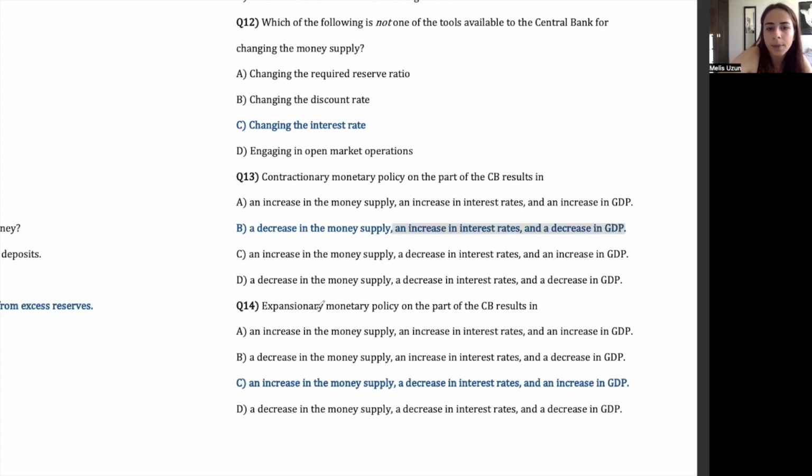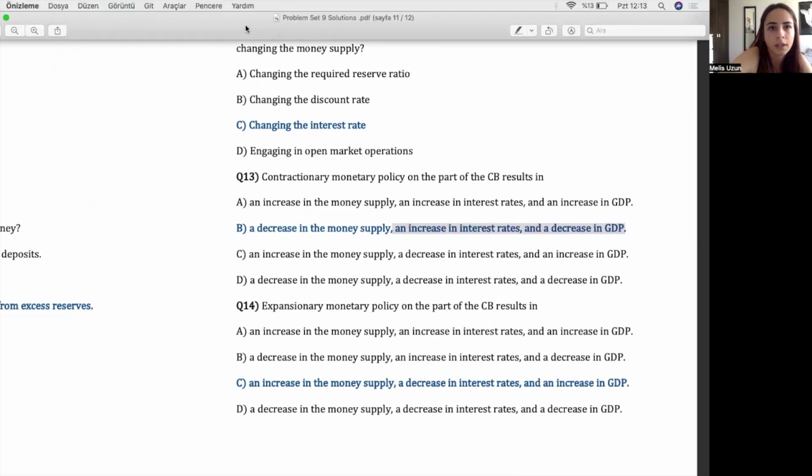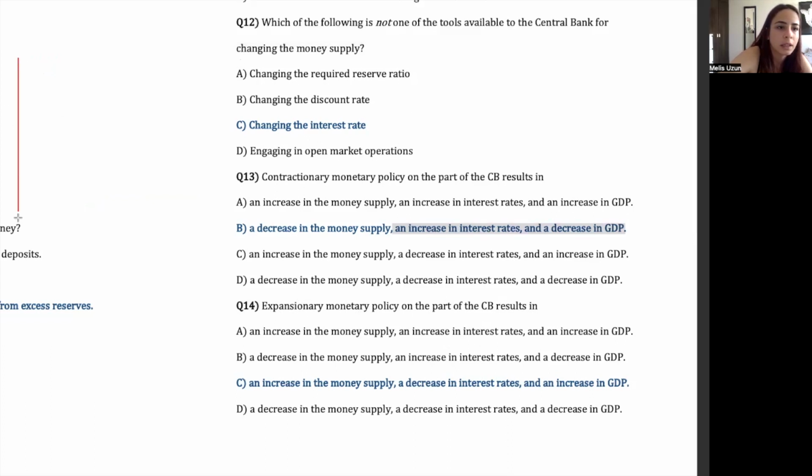Expansionary monetary policy on the part of the central bank results in the opposite of what we did before. Again, let's show it. This was our money supply curve.